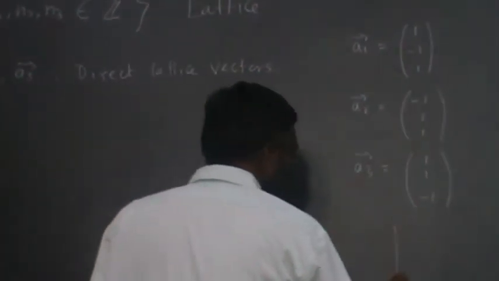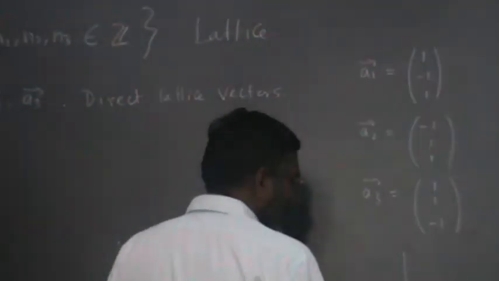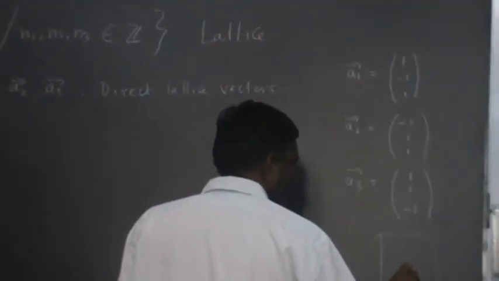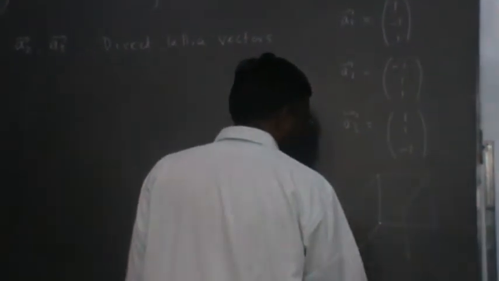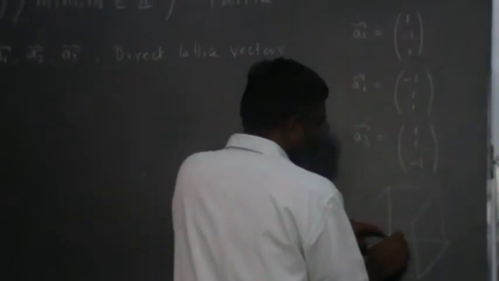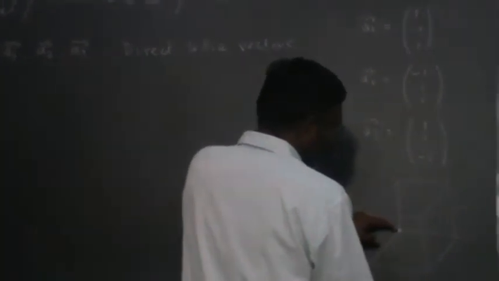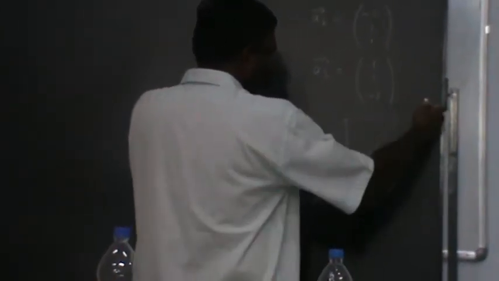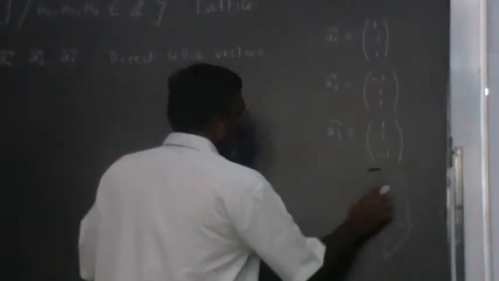So essentially, if you have a three-dimensional space and a cubic lattice like this, then the body center of this cube, body center of this cube and body center of that cube. That means one of them will become minus, the other two become plus. So they are the primitive vectors of the body-centered cubic lattice, but they are not orthogonal, as you can see here. These are direct lattice vectors.